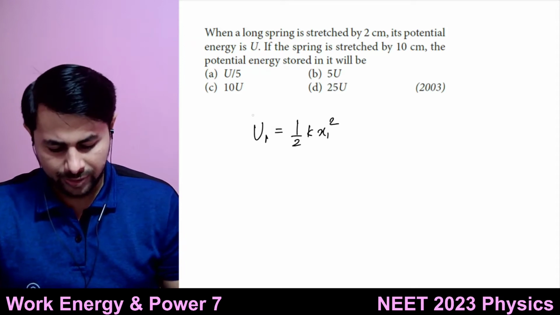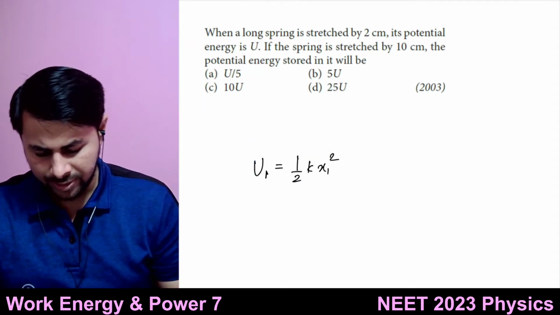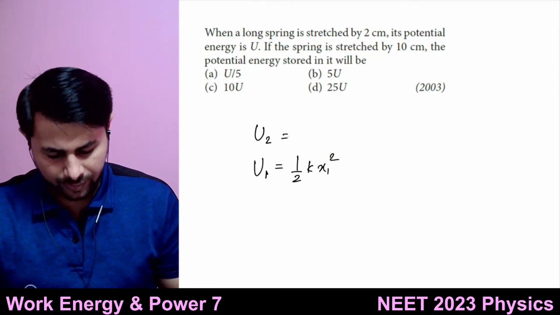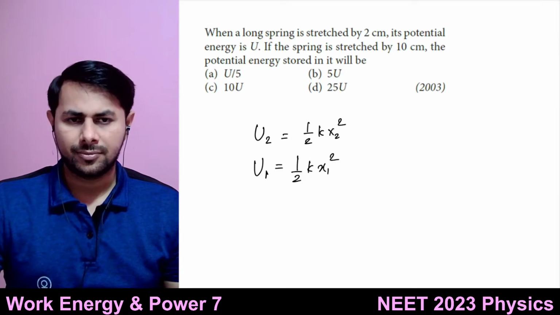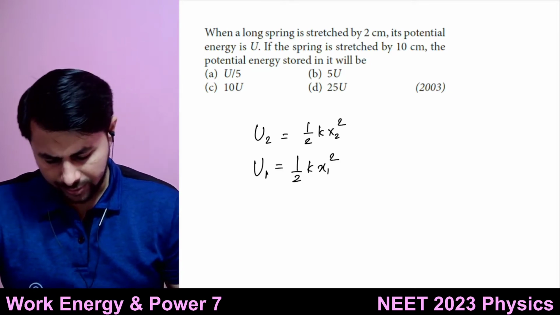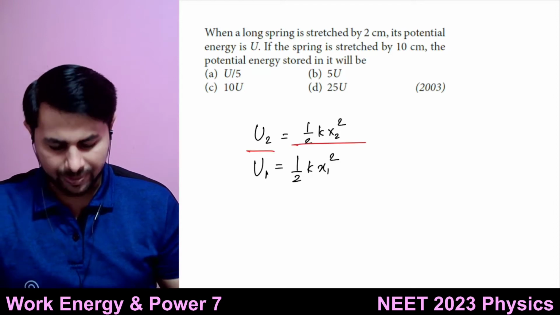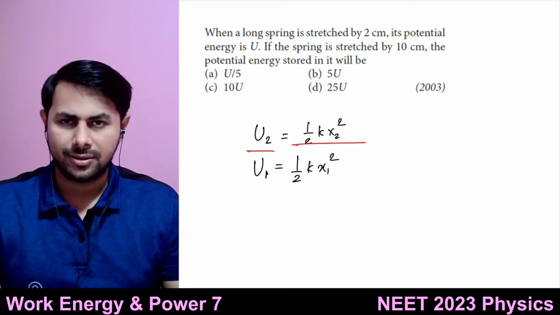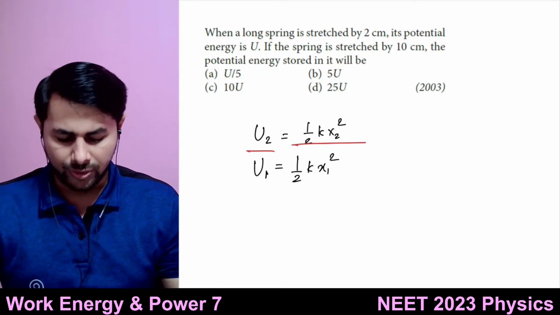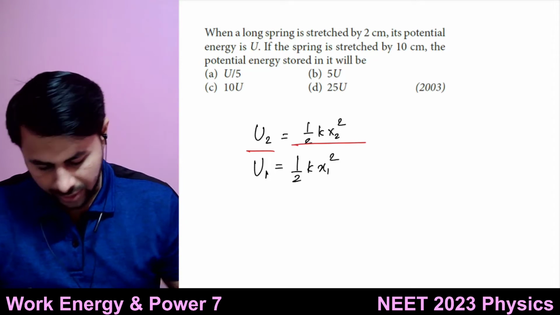And U2 will be equal to half of K times x2 square. Okay, so half K and half K, if you divide, get cancelled. It is x2 upon x1 whole square, right? U2 upon U1 will be x2 upon x1 whole square. So how much is x2?